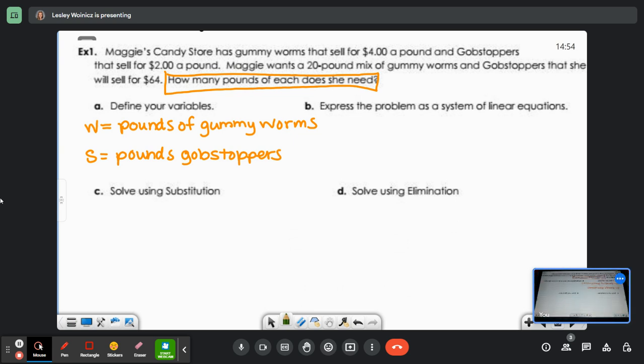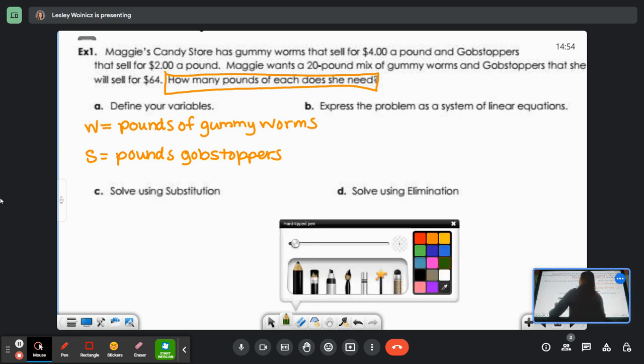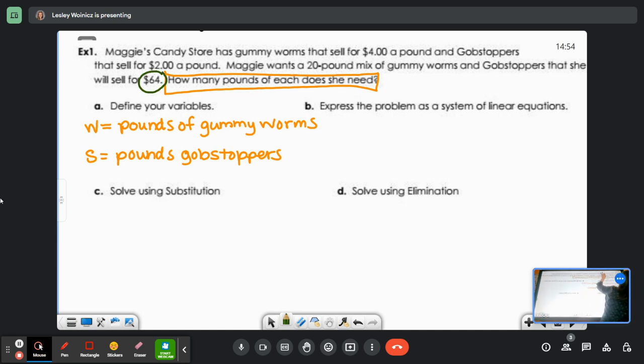Do you guys see that we've got a whole lot of stuff in here that has to do with money? Okay, so if we're adding up money, shouldn't we have a total money somewhere? So is this something where we have one rate and a starting point or two rates and a total? Good. Okay, so my total is the $64.